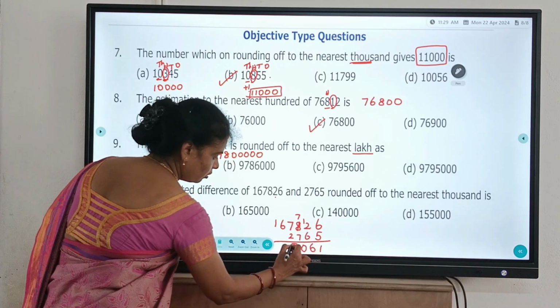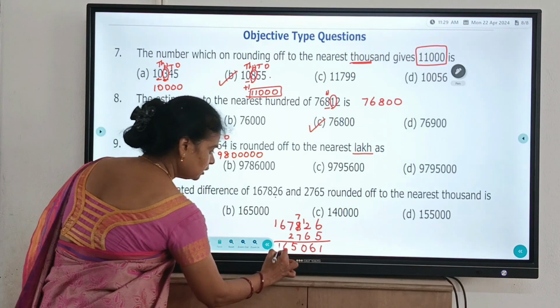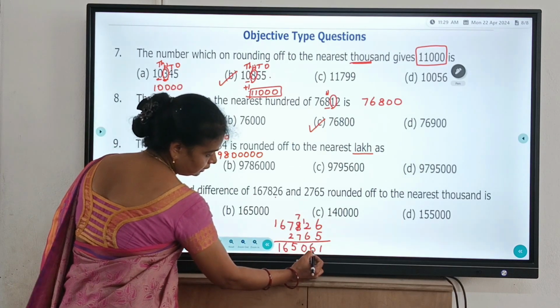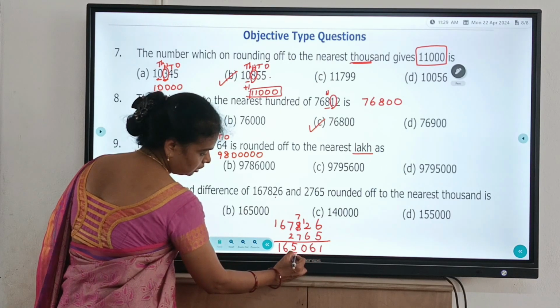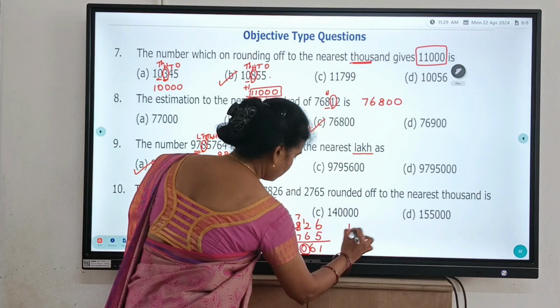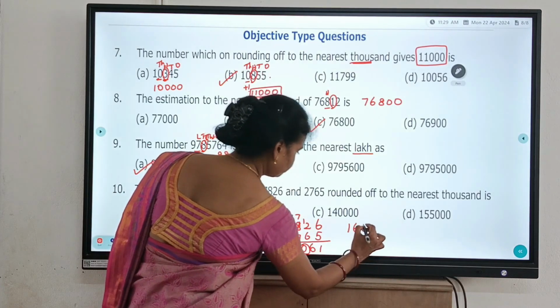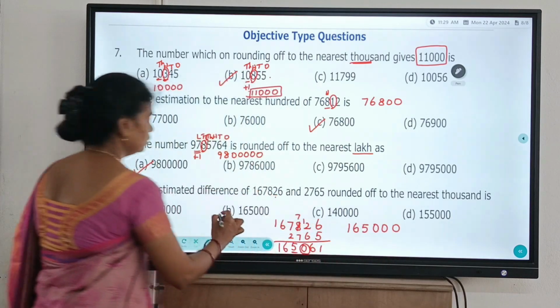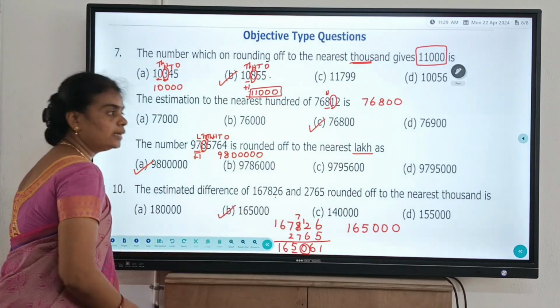Here 0, 5, 6, 1. And it has to be rounded to the nearest 1000. So ones, tens, hundreds, thousands. So this number. The next digit is only 0. So the answer becomes 165,000. So option B is the right answer.